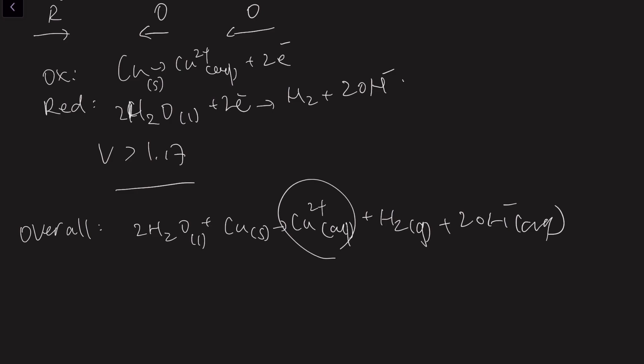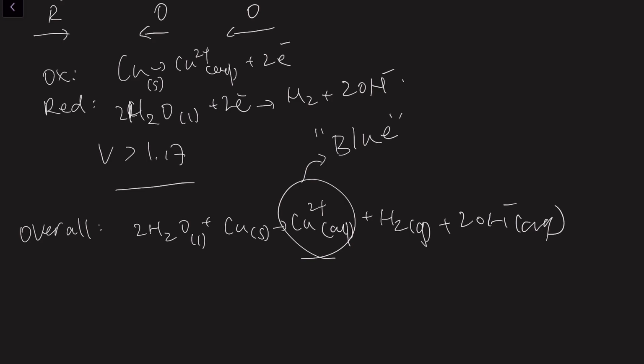You are producing the copper 2 plus ion, and this ion, when dissolved in water, looks blue. So if your solution turns blue, or if the surrounding of your anode has a bluish color, then you know that it is copper that is being oxidized into copper 2 plus ion.